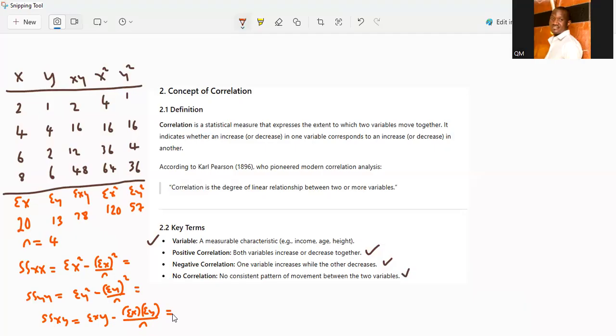Then I need you to find b. It's simply the summation of xy over the sum of squares xx.